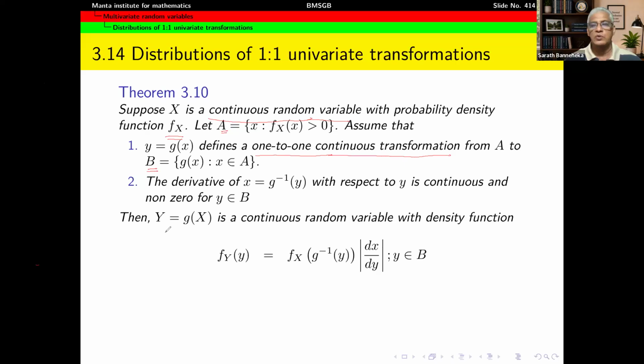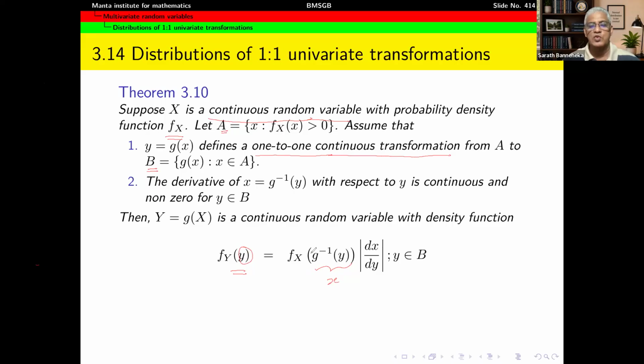If X is continuous, Y is also continuous, and the density function of Y can be found using the known density function of X. So f_Y is equal to f_X, but now x equals g inverse y. Usually we should not write this in terms of x, because we want to write the density function in terms of y. Therefore we have to write this as g inverse y.